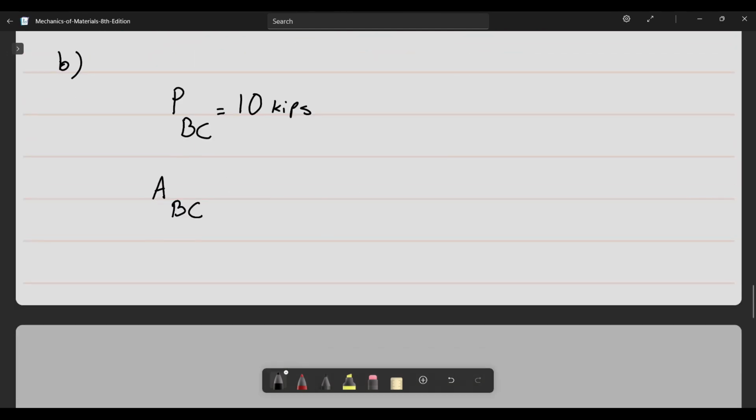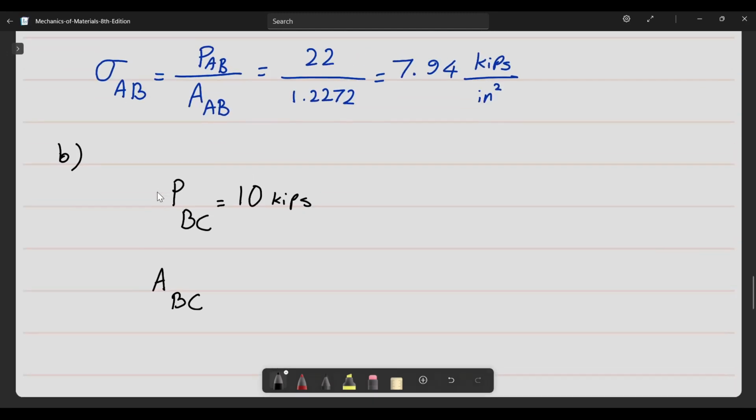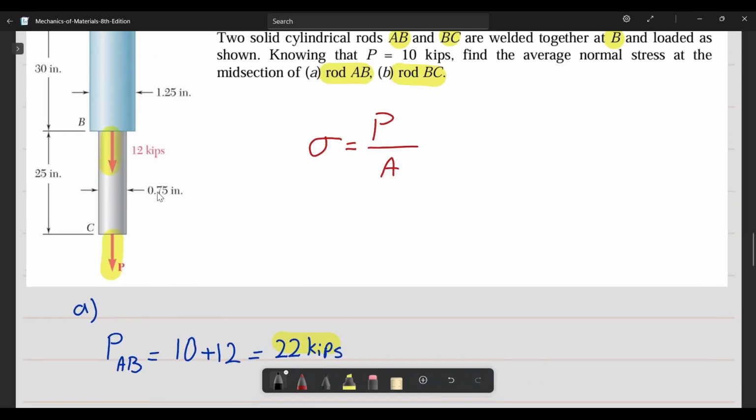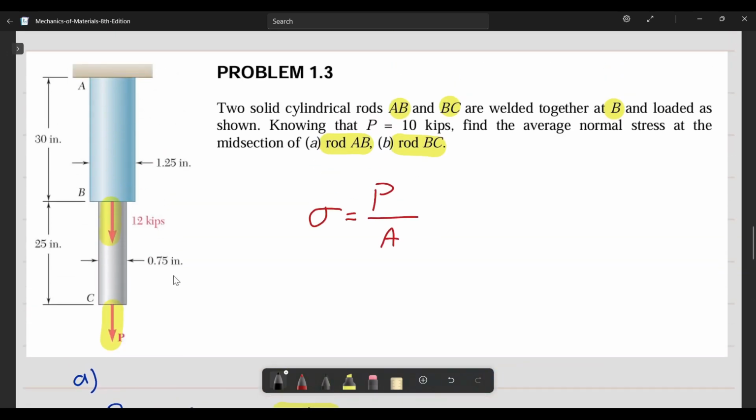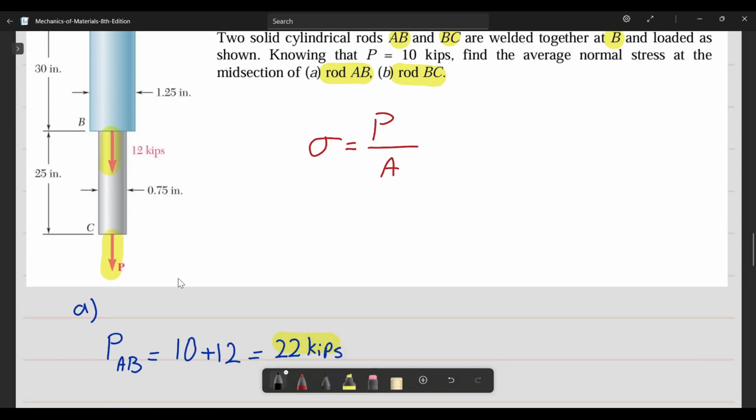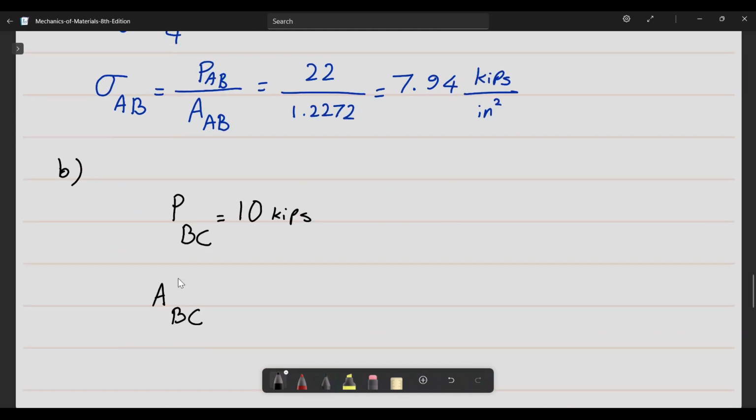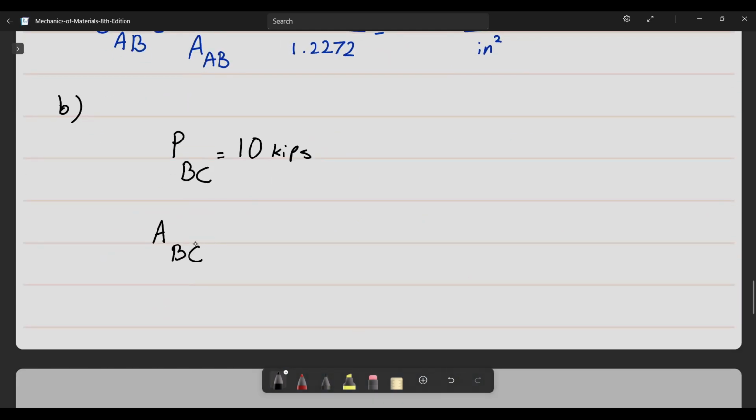The area of BC is exactly the same as in the previous part, except that our diameter is 0.75 inch. Thus, we write that the area of member BC equals pi over 4 times d2 squared.